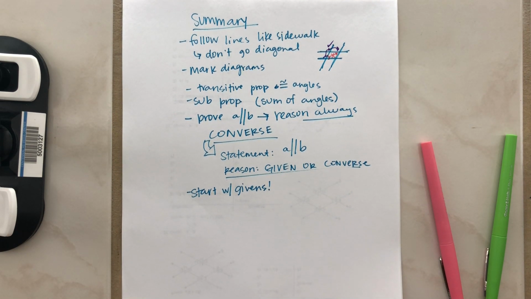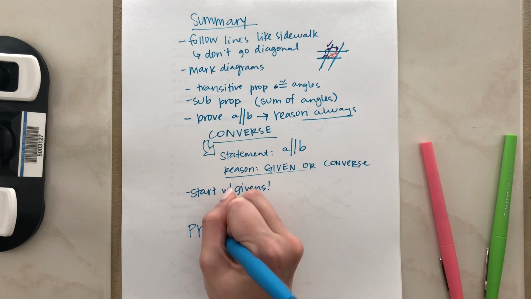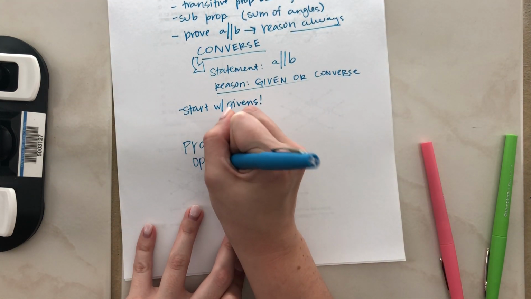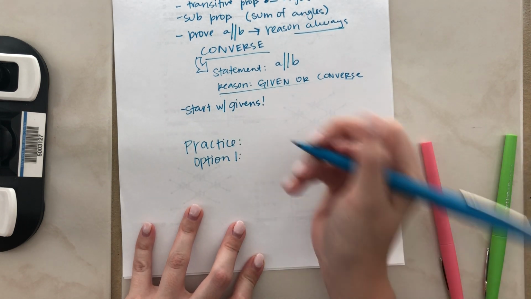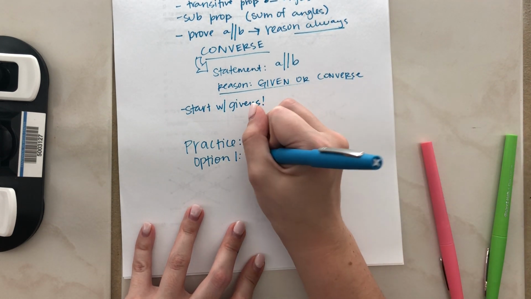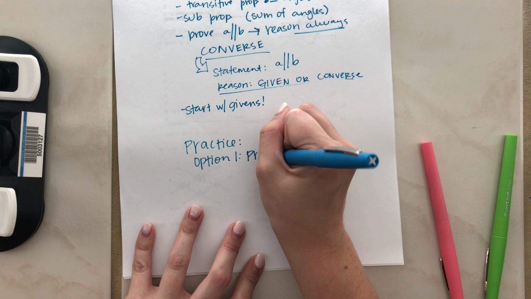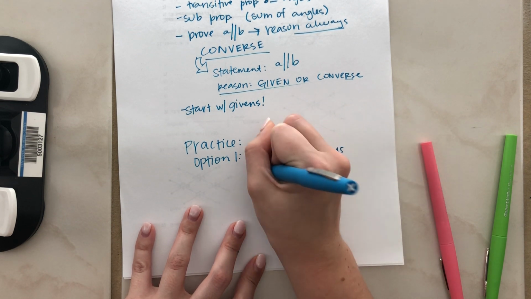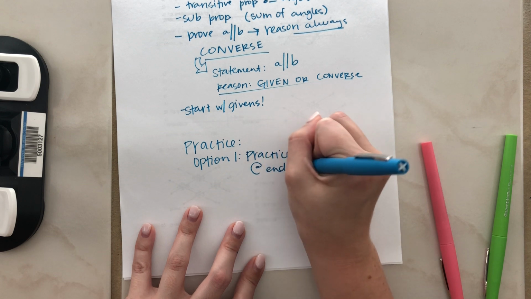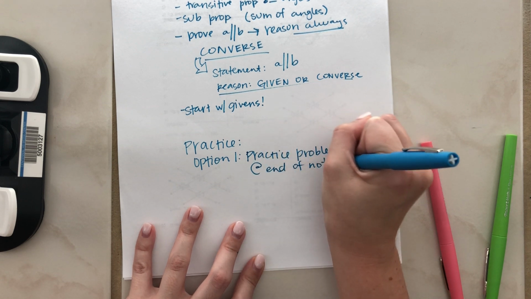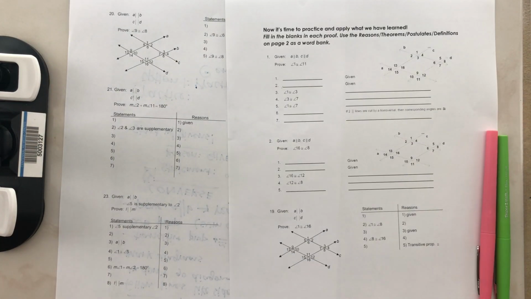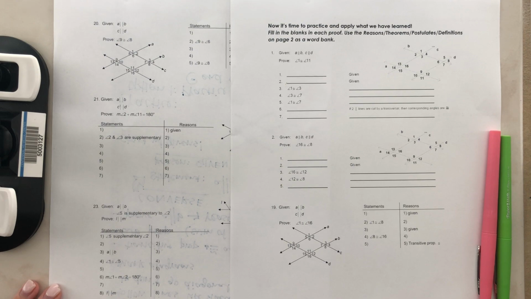You guys are all smart at these, okay? So the practice today, you have two options. Option 1, the problems and the notes. So the practice problems at the end of the notes, okay? So these, you are gonna fill in 6 proofs about parallel lines, okay?